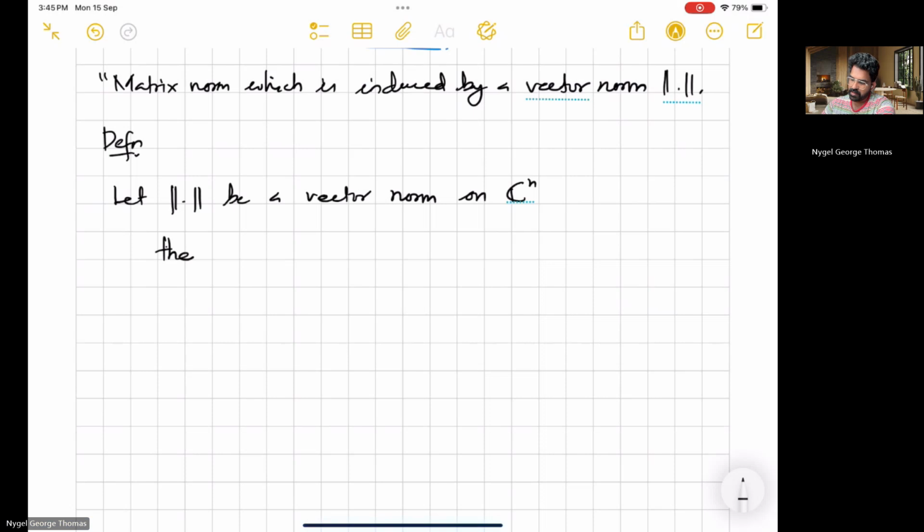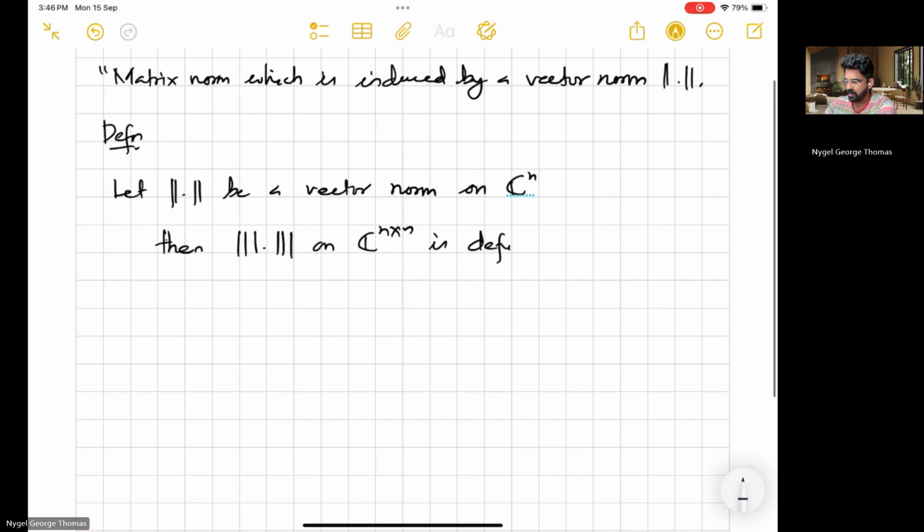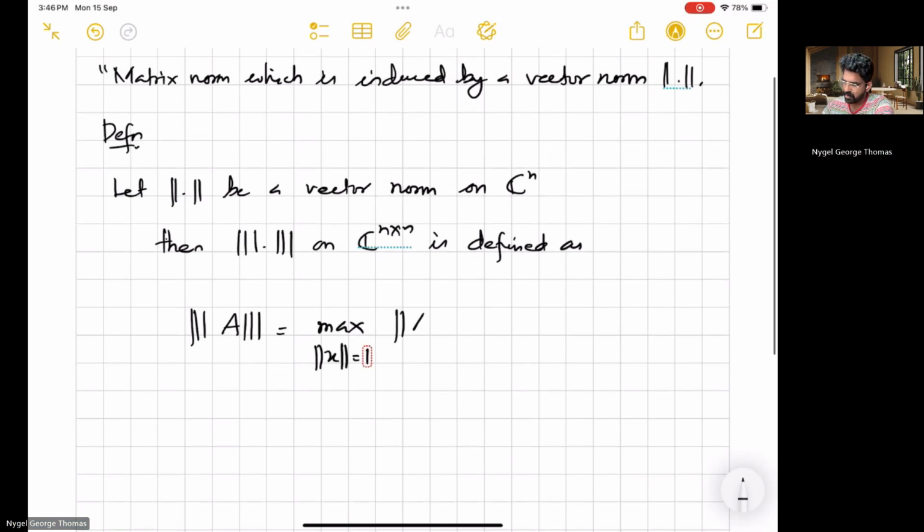Then the matrix norm on the space Cn cross n is defined as: the matrix norm of matrix A is defined as max over norm x equal to 1 of norm of Ax.